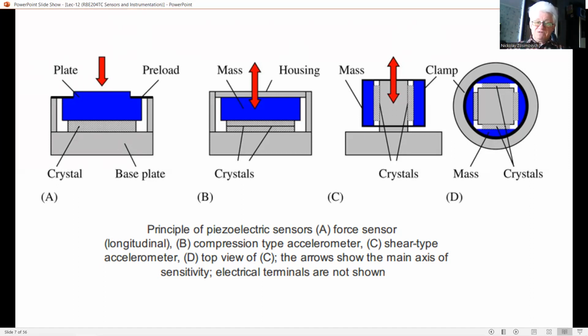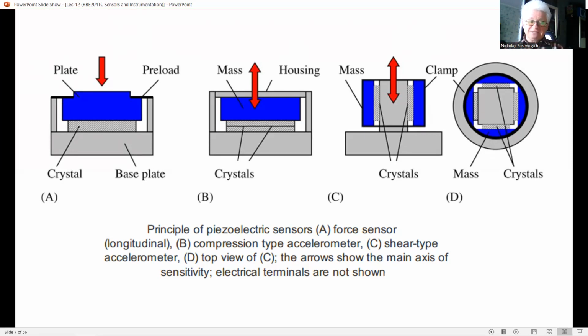One electrode is connected to the common surface of the crystals, the other to the housing. In this configuration, the crystals are electrically in parallel and mechanically in series, resulting in a double sensitivity. Moreover, some compensation for common interferences is achieved.